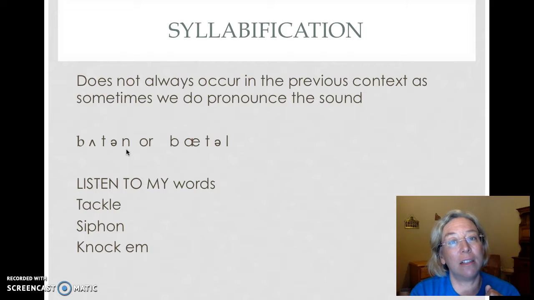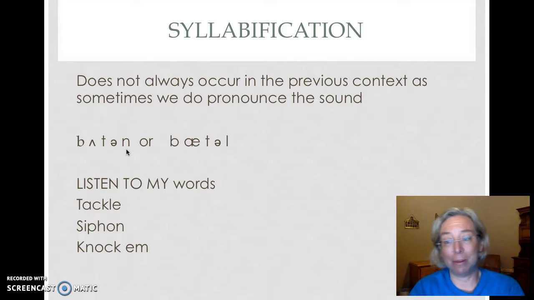Don't tackle too hard. But in this case, with no vowel between, I might say he was hurt in the tackle. So it's quicker, shouldn't hear the vowel.